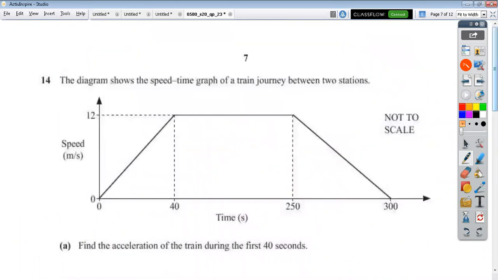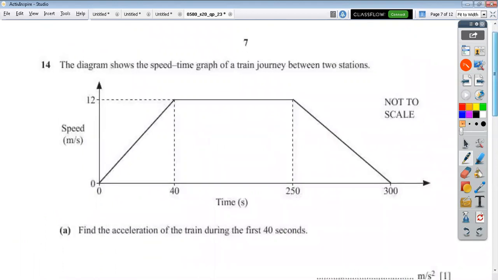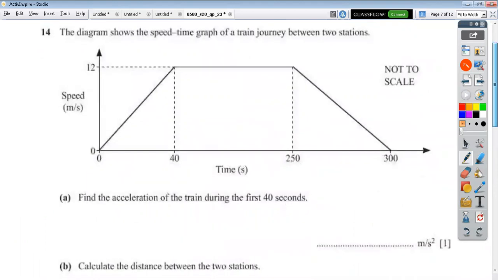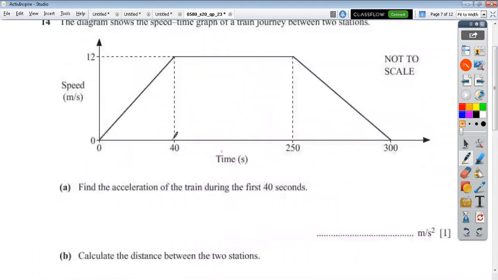Now we've got a diagram which shows you a speed time graph of a train between 2 stations. Find the acceleration during the first 40 seconds. So for those that don't do physics, acceleration is final velocity minus initial velocity divided by the time taken.